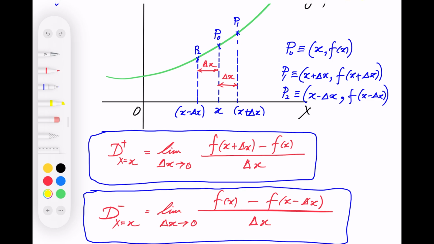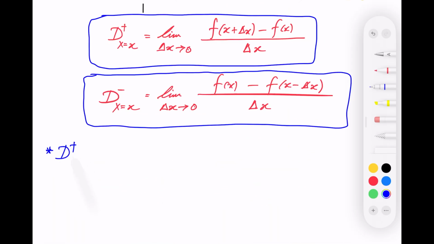When you apply these equations, we obtain a function of all slopes for the given original function, which means we have the differentiation as a result of this process. D plus at x equals x and d minus at x equals x will always give you a function of x.